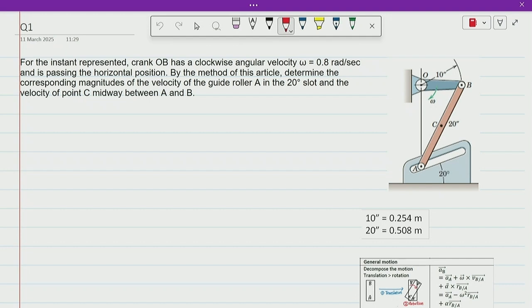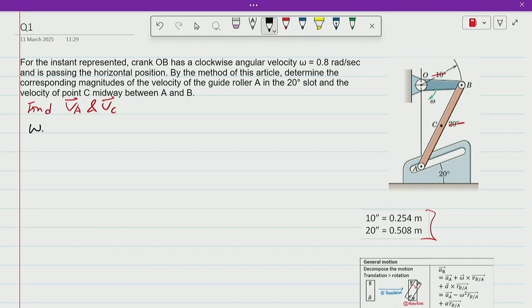So we have a crank mechanism. We're given an omega is clockwise, 0.8 radian per second. It's moving a bunch of stuff. So I have converted the unit into metric, so you can just scratch those out and replace it with the metric version. The question is asking us to find VA and VZ.